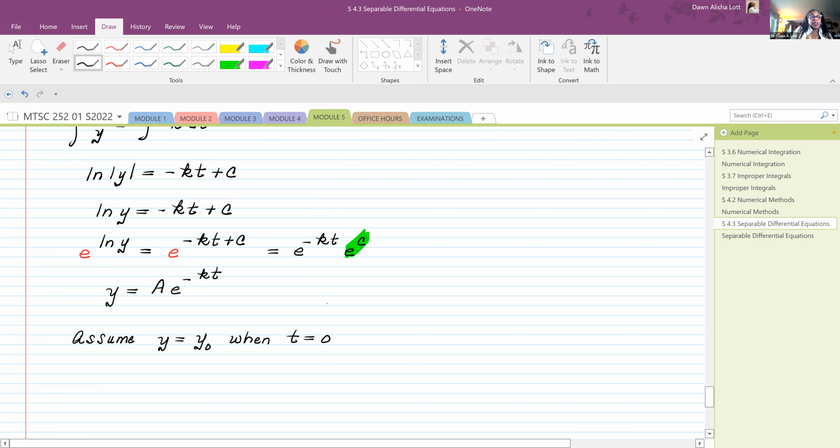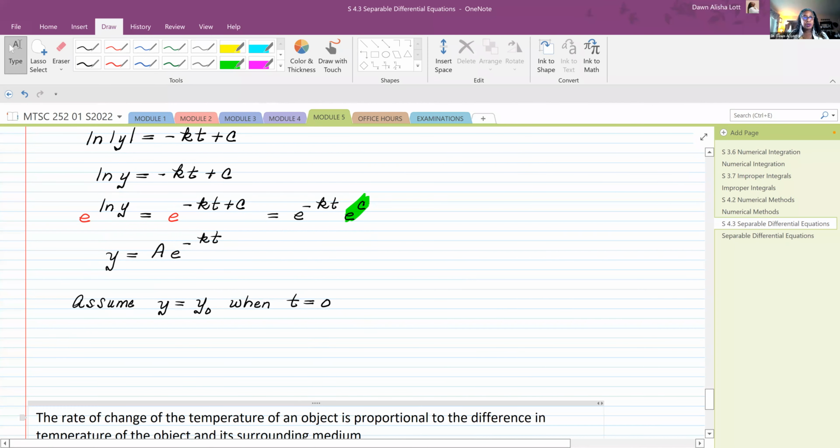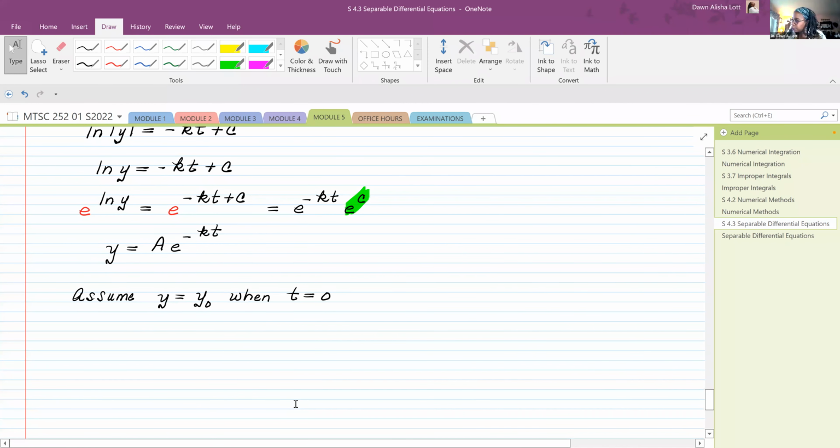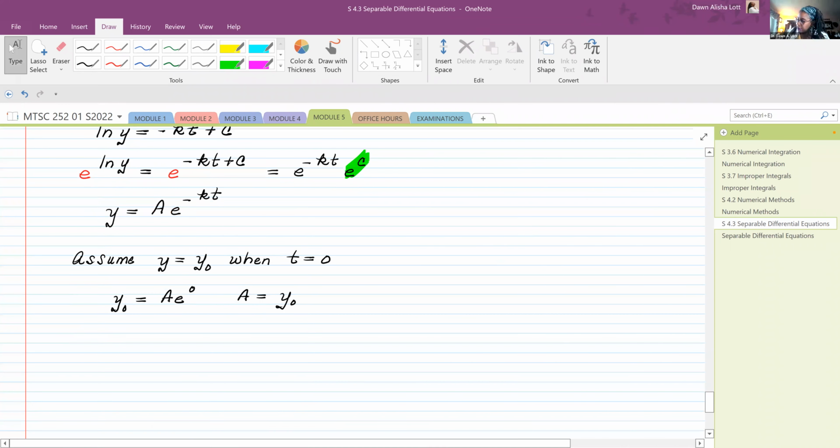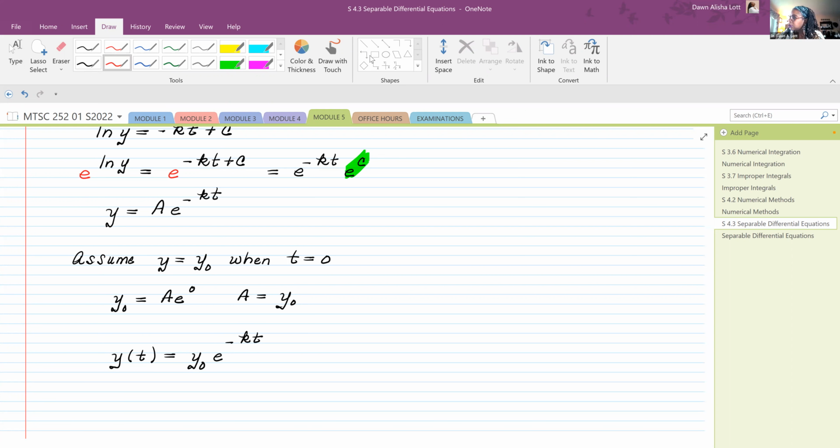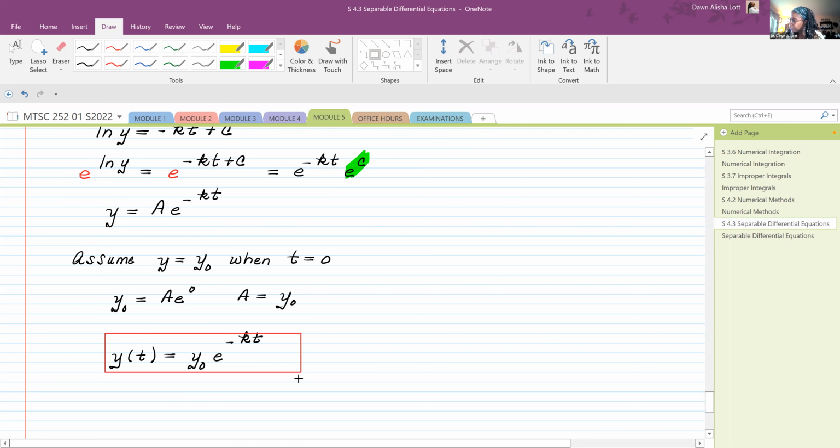So right now we don't know what that initial amount is, but we do know that if we put in t is equal to 0, we get y naught. So we get y naught is equal to a e to the 0. So that says a is y naught. So now we get a formula: y of t is y naught e to the negative k times t. So this is the solution to the amount of material defined by radioactive decay.